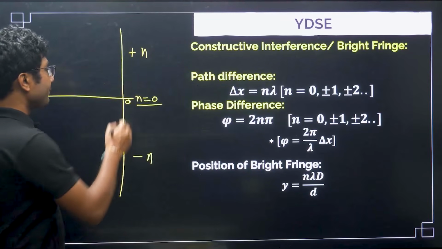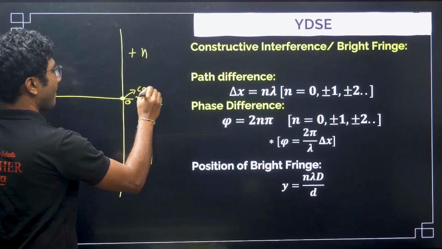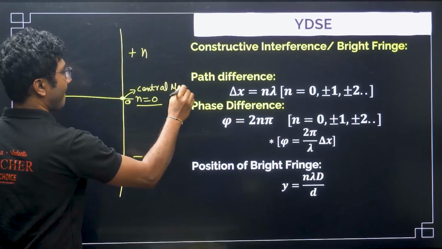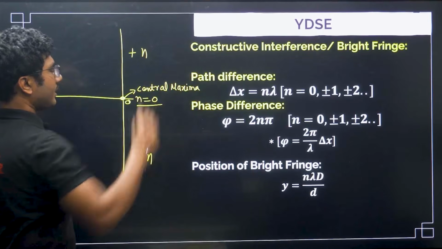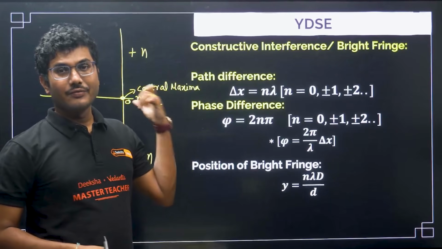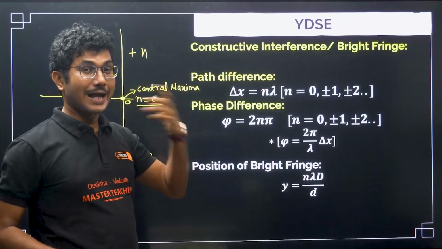So here you observe a very bright fringe, that is why it is called the central maxima. Here you observe a very bright fringe, bright spot, bright patch.